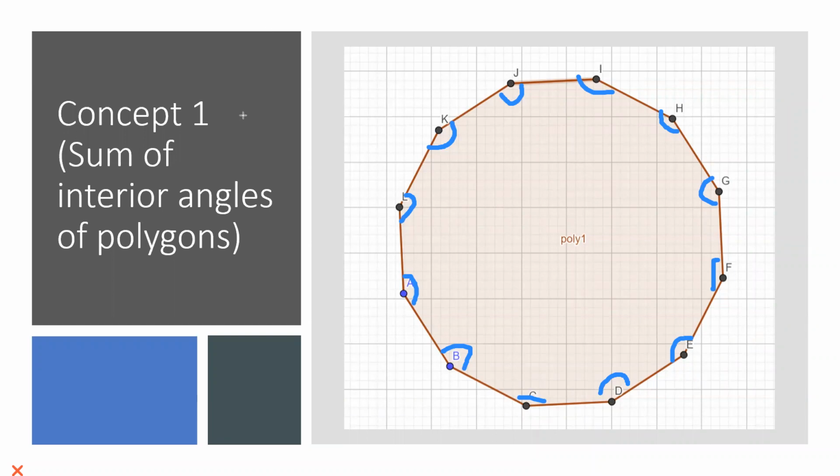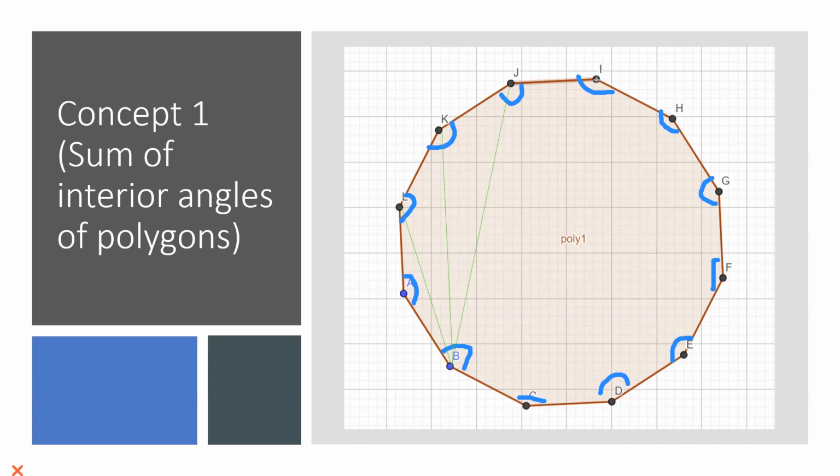Firstly, we need to know that the total angle of a triangle equals 180, right? Now I want you all to cut this polygon into triangles. It will be drawn as a triangle, a triangle, a triangle. You're starting to see it, don't you?